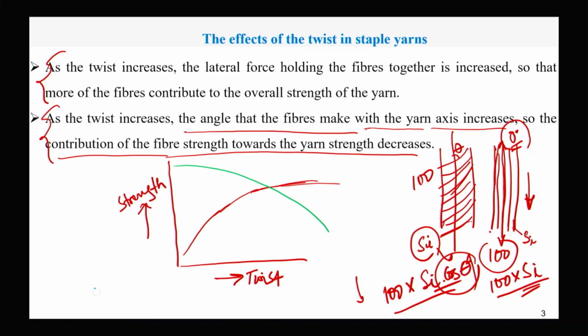In the staple yarn, both these two phenomena work together. So ultimately we get this type of shape for staple yarn, and for filament yarn we get constantly reducing strength, although there will be a little initial increase due to the cohesion at the initial stage.